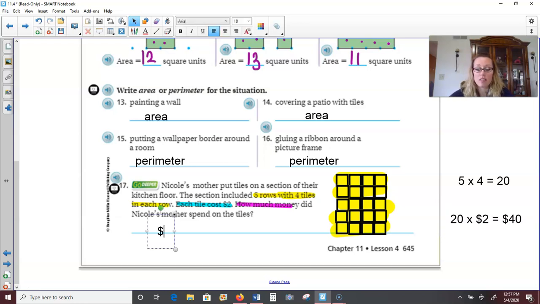So she would be spending $40 on 20 tiles. Okay? This was a multi-step problem. We had to break it down into a couple steps, and I think having a picture really helped me at least to visualize how many tiles Nicole's mom is using, and then I could figure out the cost of them.